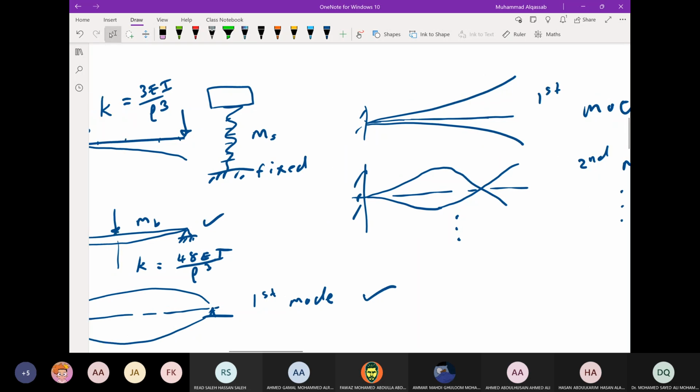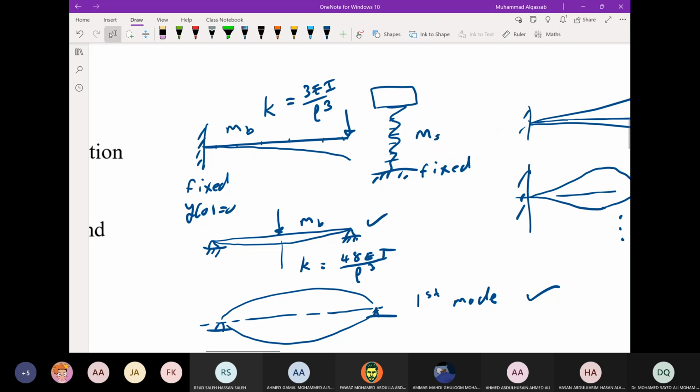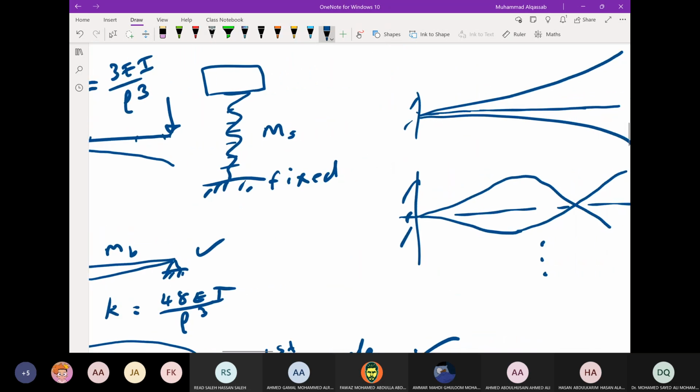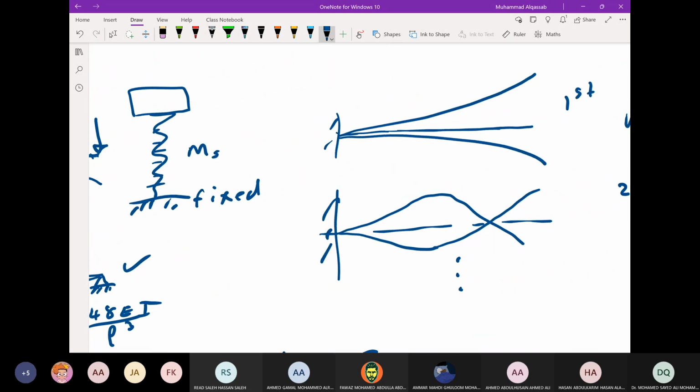So the first mode will be approximated: how the shape of the beam changes under the first mode. To get the exact shape, we would have to move on to another technique. But to be within the scope of the course, we should use an approximation for this shape.